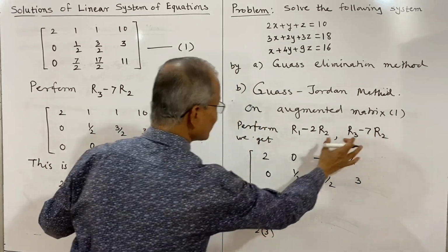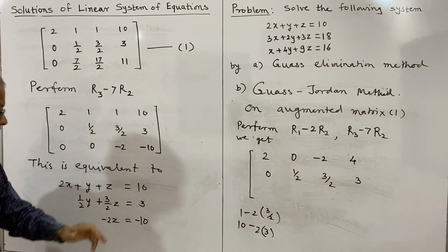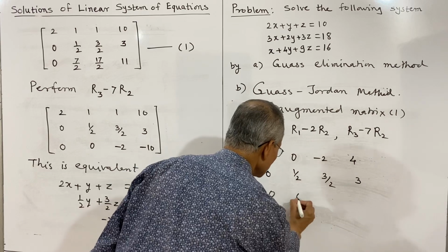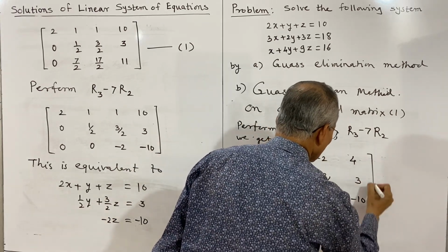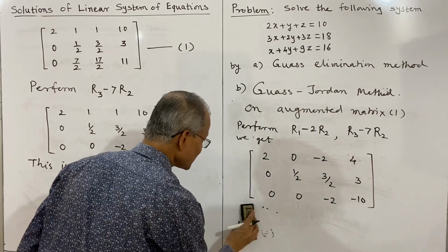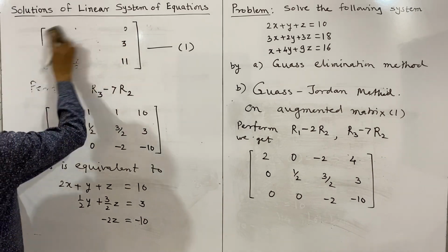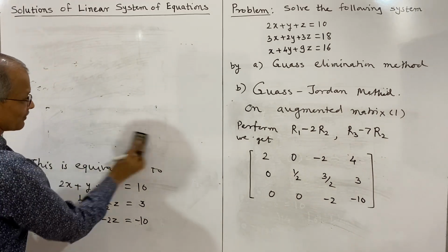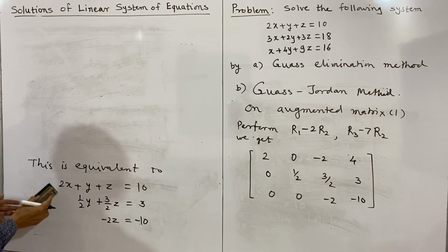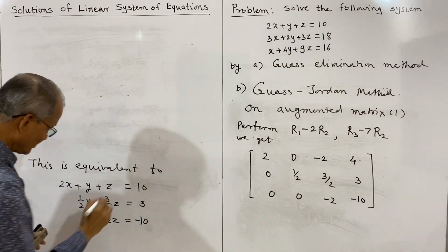And this transformation, if you perform, we have done it already, and the third row will be obtained like this: 0, 0, minus 2 and minus 10. And now the system corresponding to this matrix will be, so this is equivalent to, write the system in this form. I shall write it here itself.